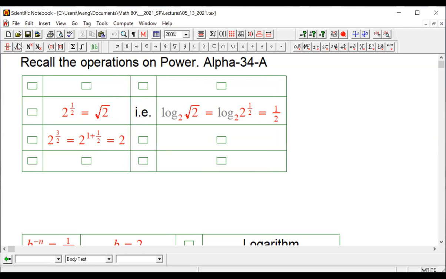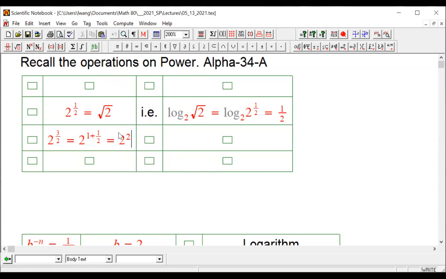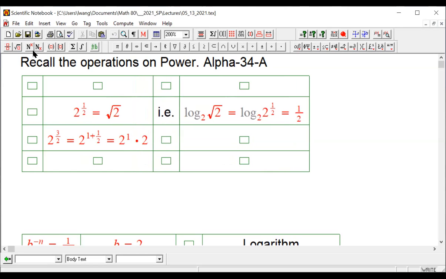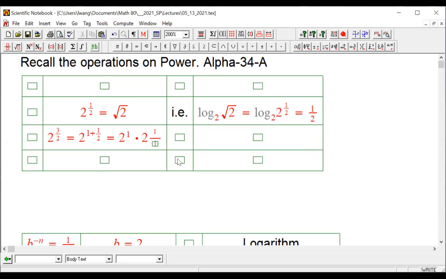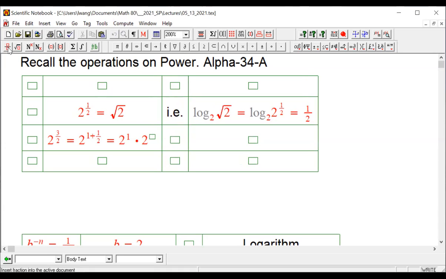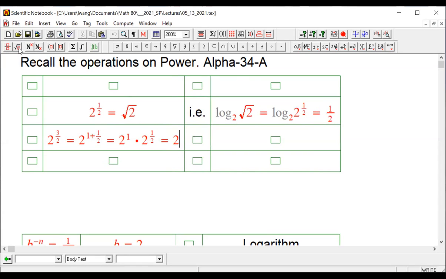So that's 2 to the power of 1, multiplied by 2 to the power half. I'm sorry, I made a terrible mistake. It's a power half. And 2 to the power half is root 2, and 2 to the power 1 is 2. So this is just 2 times square root of 2.